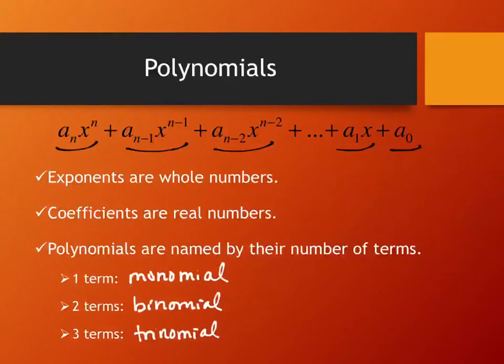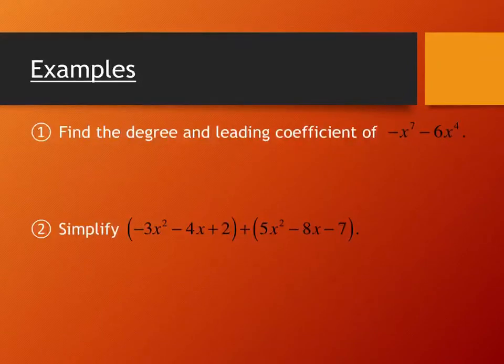There's one more piece of definition information that we're going to do, but we're going to do it within a problem. So example number 1 is a polynomial. It's negative x to the 7th minus 6x to the 4th. Okay? And it asks for the degree and for the leading coefficient.